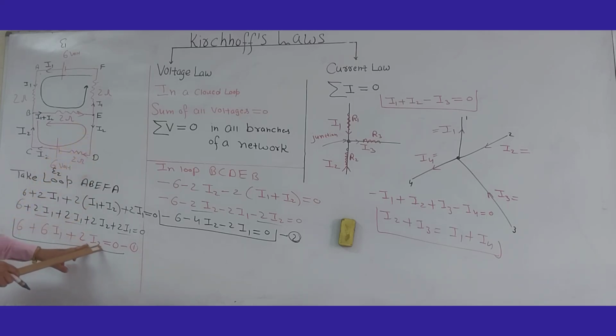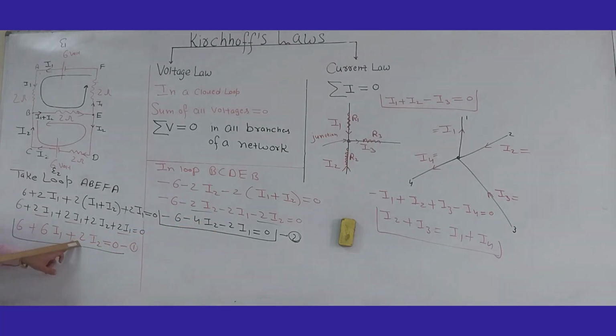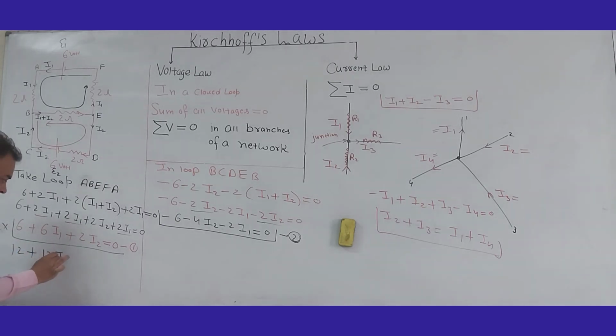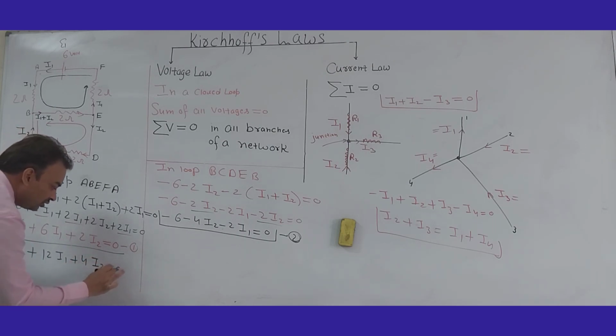Check for I2: this is 2I2 and this is 4I2. If I multiply equation 1 by 2, then I will be successful in cancelling I2. So this will become 12 I1 plus 4I2 is equal to 0.